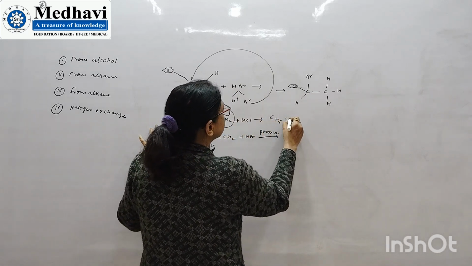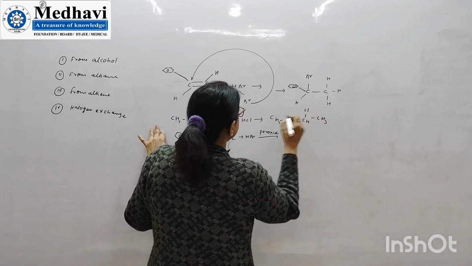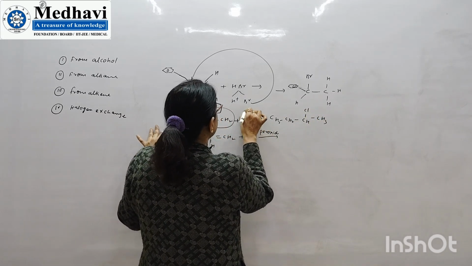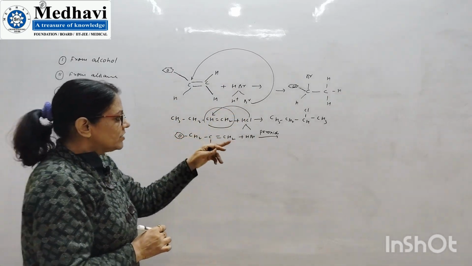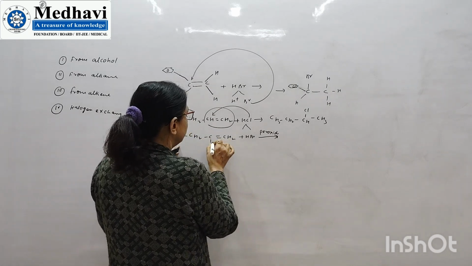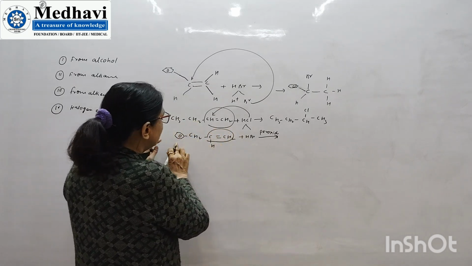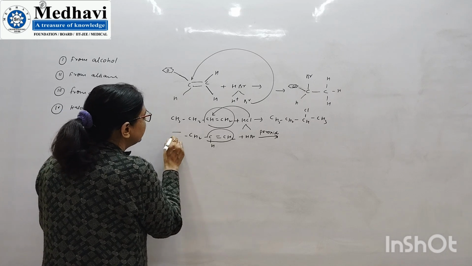So thus this is the CHCl and here CH3. Mind it. The negative part will attack that carbon which has the least hydrogen. Peroxide is opposite to Markovnikov. Mind it, what is given in this part is not important. Phenyl group is given, aromatic group is given, that is not important.